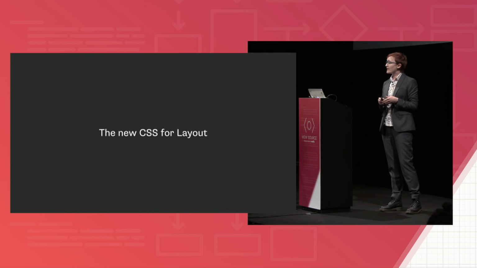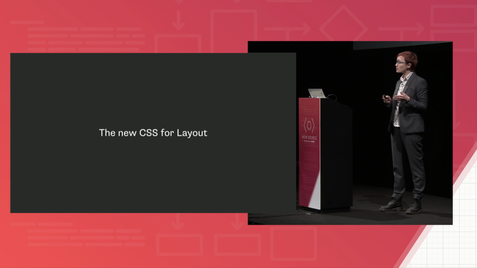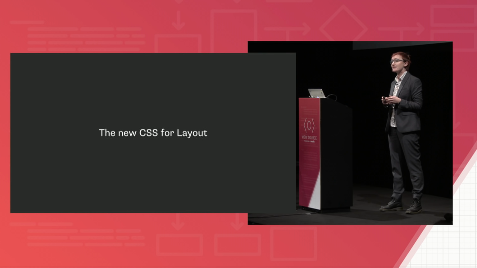So these new layout methods, we like to talk about them in terms of the problems that they solve for us. And the reason they can solve these problems is because they have some characteristics that we don't see in our existing methods, things like float. So they properly separate our document source order and visual display. They give us true alignment control, giving us the ability to center things both horizontally and vertically.